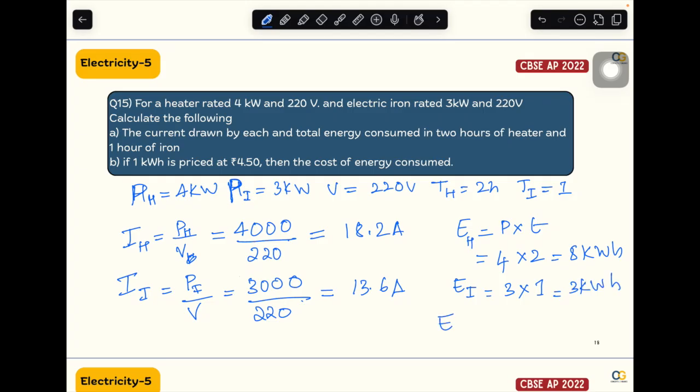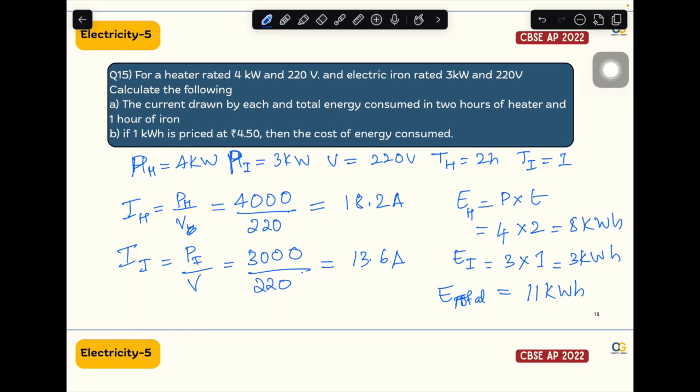So the total energy consumed is equal to 11 kilowatt hour. Now if 1 kilowatt hour costs 4.5 rupees, the cost will be 11 into 4.5 rupees, which is equal to 49.50 rupees. This will be your final electric bill. So this is how you find the current, the energy consumed, and the final cost of it in the circuit.